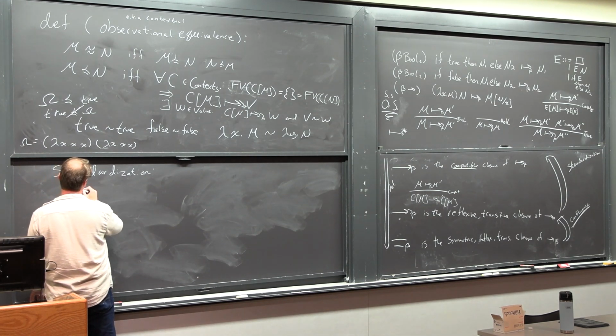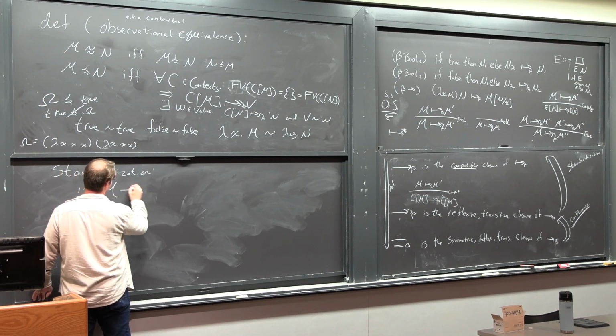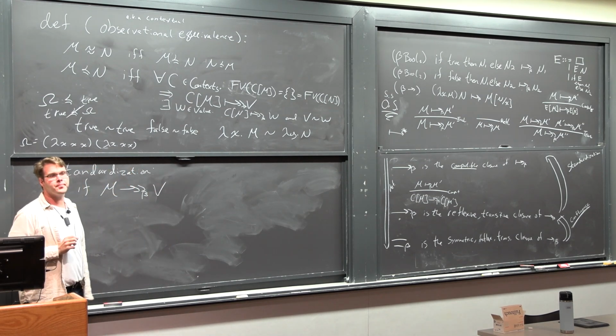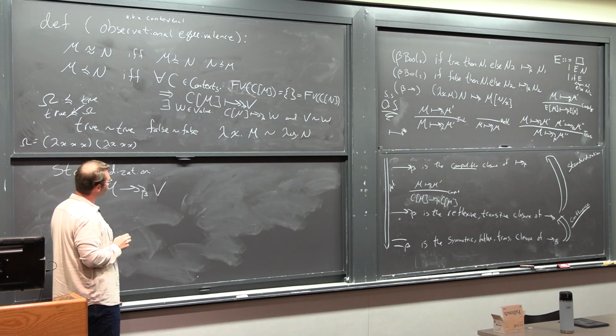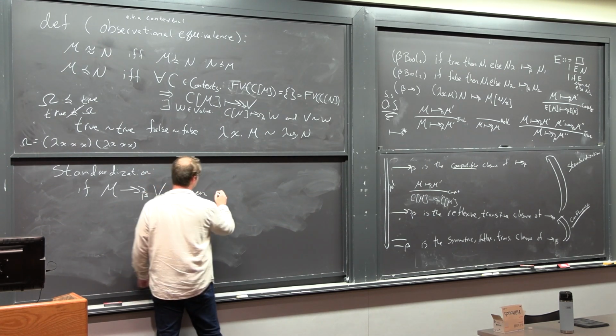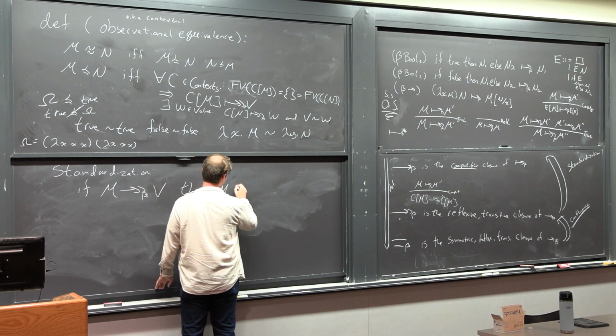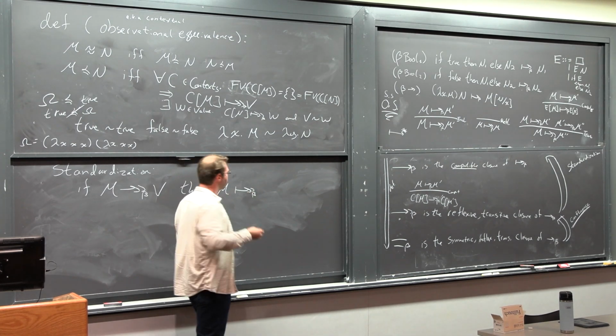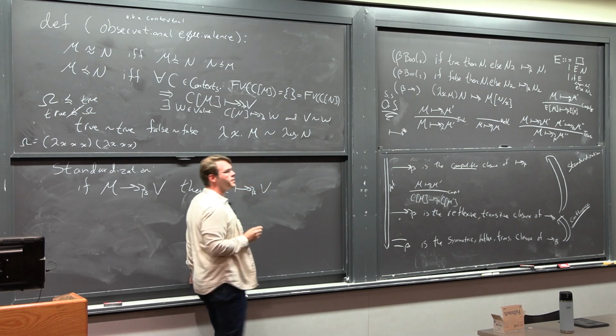And so the statement looks like this. If m reduces generally to a value v, well, I'll write what we hope. Then m, in the operational semantics, so following the standard order of steps, also reduces to v.